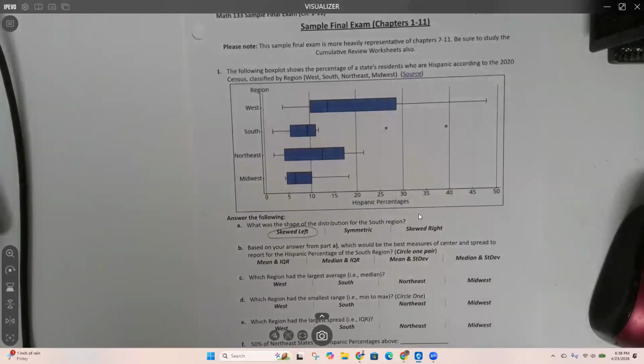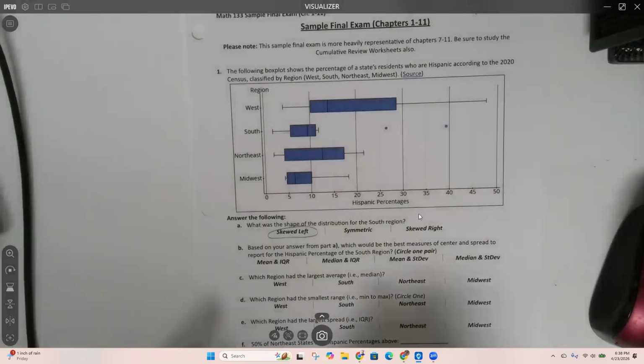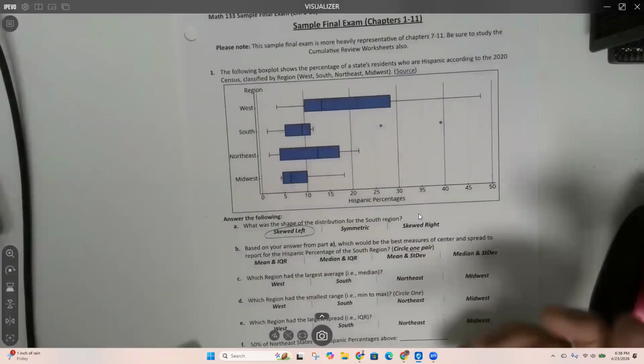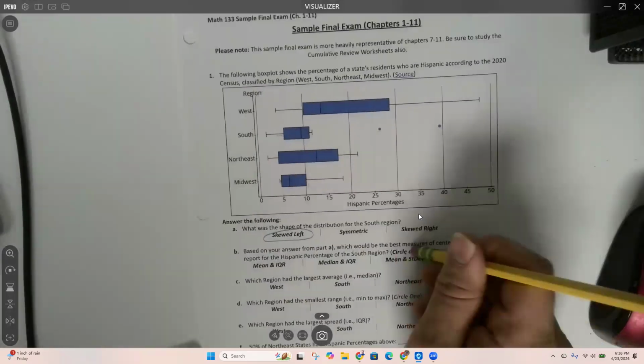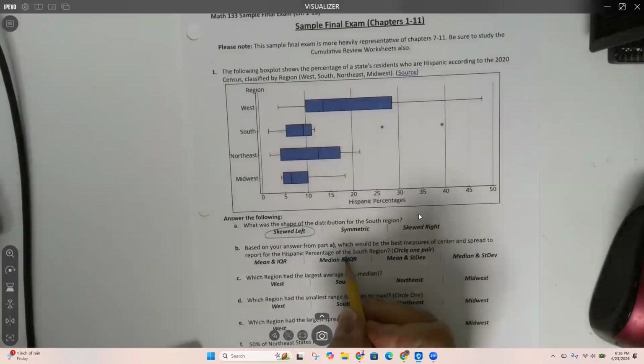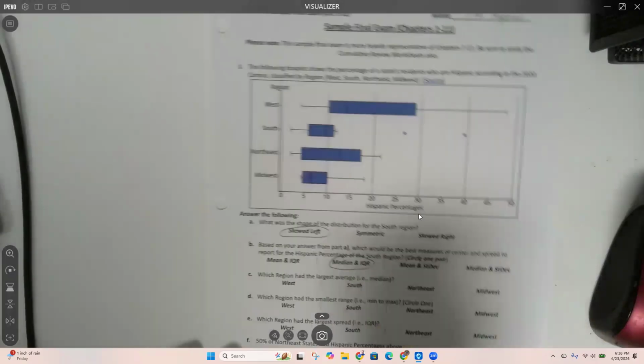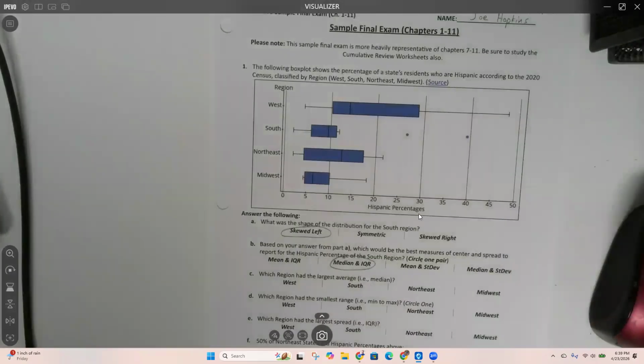Based on your answer from part A, whether you say it's skewed left or skewed right, if it is skewed, which measures of center and spread should we use? If you said symmetric, we would say mean and standard deviation. We haven't talked about median and interquartile range in a long time, since before the midterm.